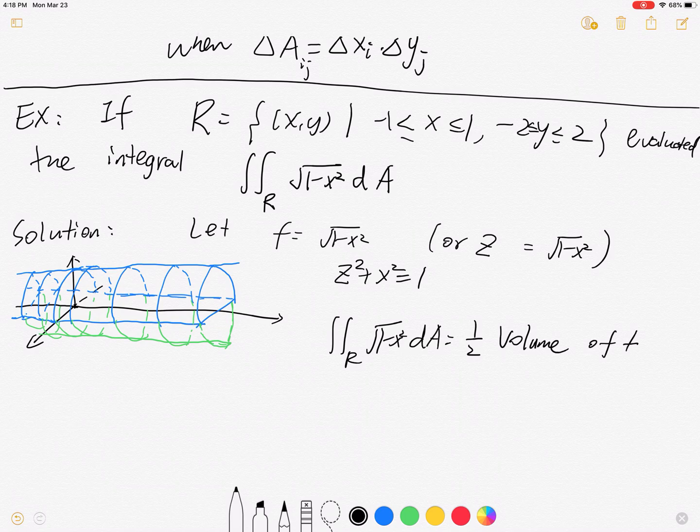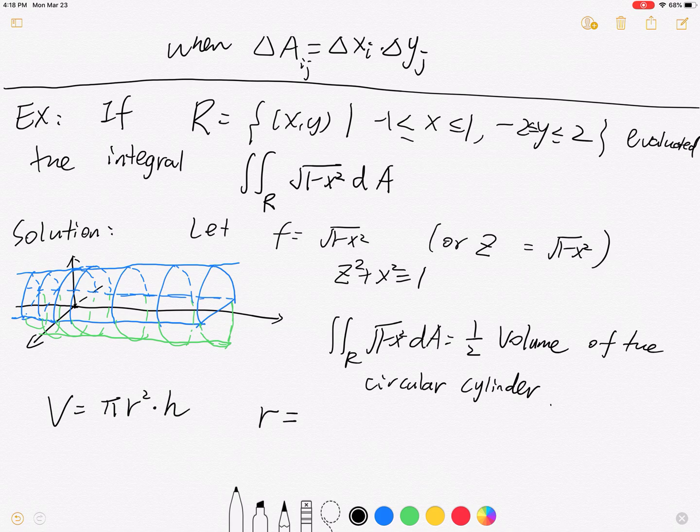Okay, then the integral can be interpreted as 1/2 of the volume of the circular cylinder. And recall, the volume of circular cylinder is given by pi r squared times h.